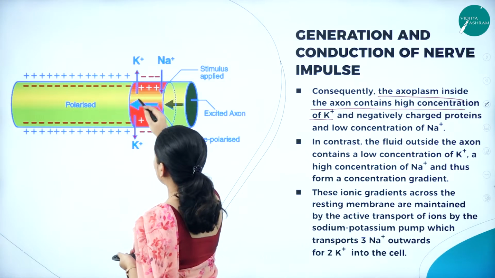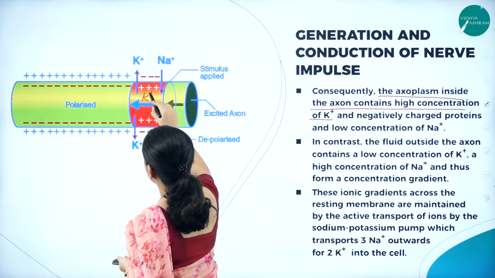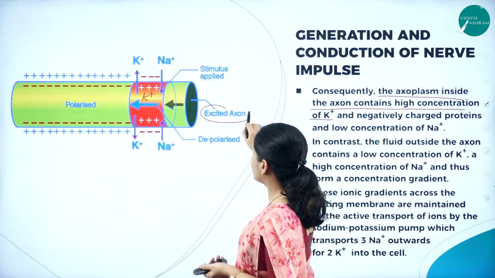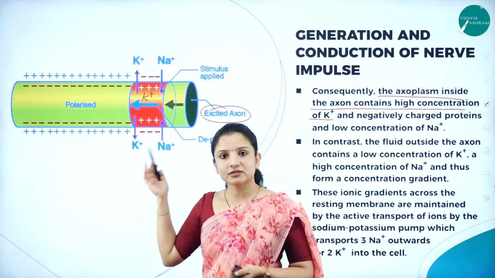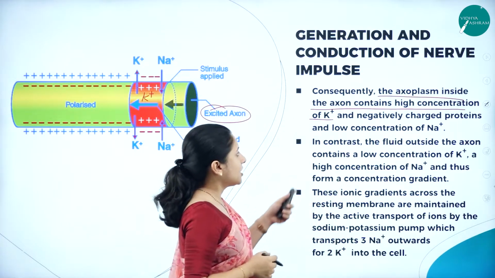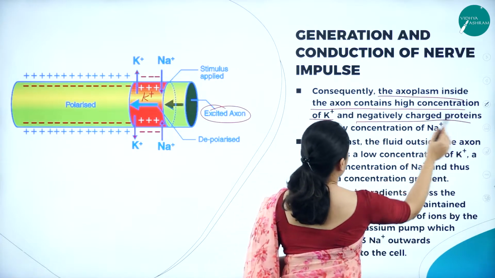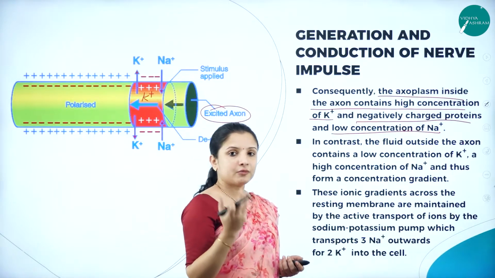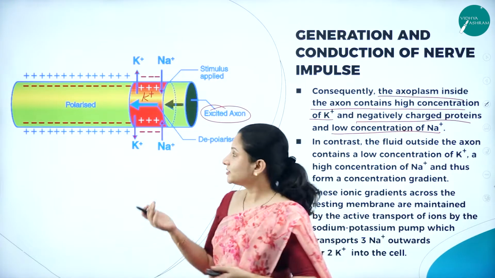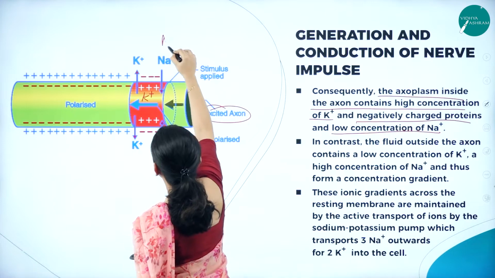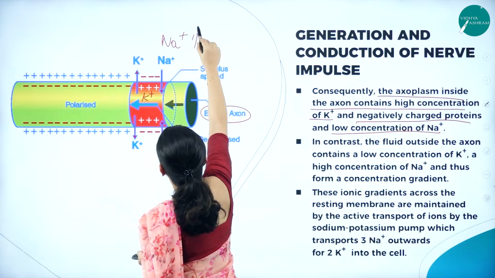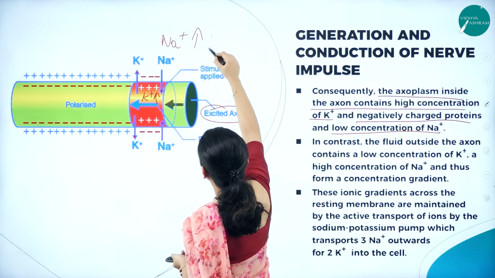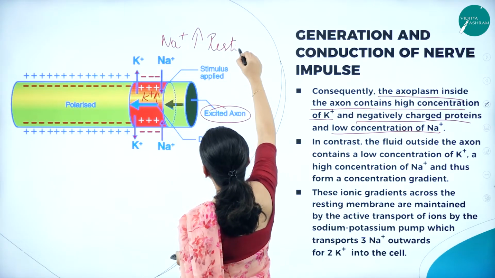Therefore, the axoplasm is filled with potassium ions. Don't get confused with this picture, because here I have the picture of an axon in an excited state. I'll tell you what happens when it is in an excited state. The axoplasm also has negatively charged proteins, but a low concentration of sodium. Where is the sodium concentration more? Outside. Outside sodium concentration is more, inside potassium concentration is more when the axon is in a resting state.